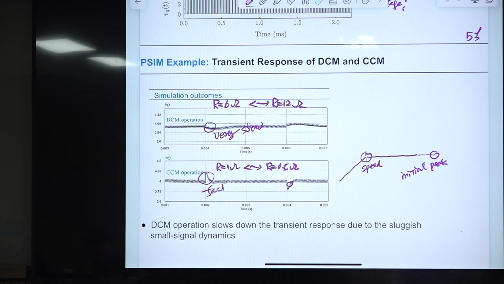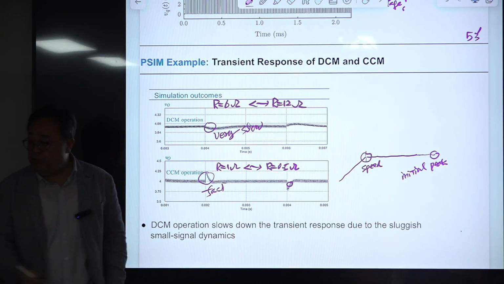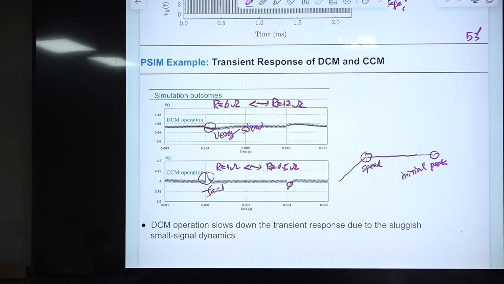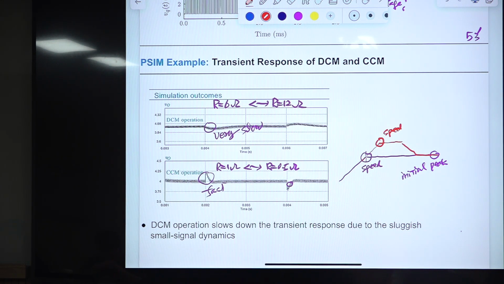This is the optimal design. With a sub-optimal design, less than optimal, the output impedance will look something like this. In that case, this determines the speed, and this determines the initial peak.